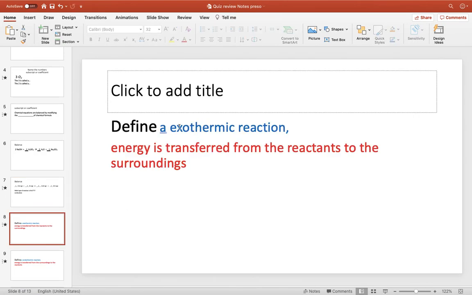Here's another definition. An exothermic reaction is when energy is transferred from the reactants to the surroundings. From the left side to the surroundings, right? So when you burn wood, it's from the reactants to the surroundings. Exothermic reactions are warm.